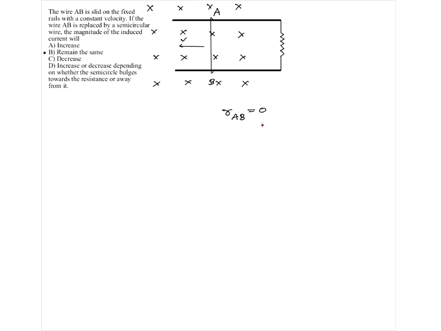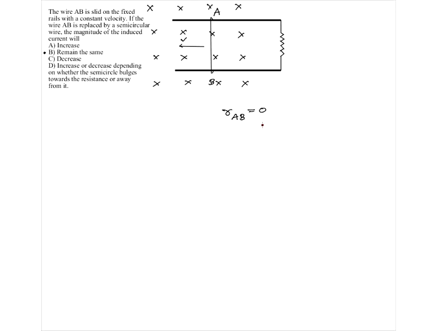Otherwise, what will happen is that while the induced EMF is B times length AB into V, the induced EMF is going to be the same in all cases, but current can change because you have a straight wire and you have a curved wire.